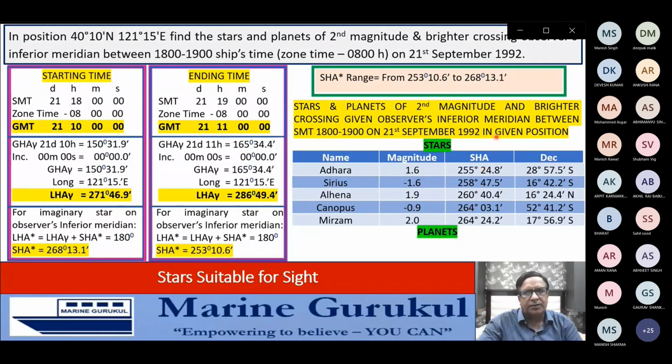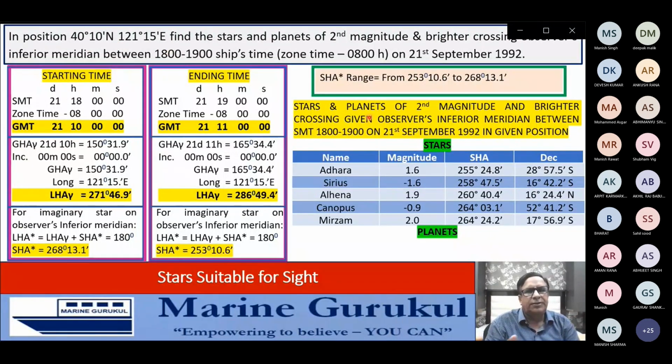You can see they are in this range, and their magnitude you can see here. They are of magnitude 2 and brighter. So these are the stars which shall cross the observer's meridian between 1800 hours to 1900 hours ship time on 21st September for an observer in position 40 degrees 10 minutes north, 121 degrees 15 minutes east.